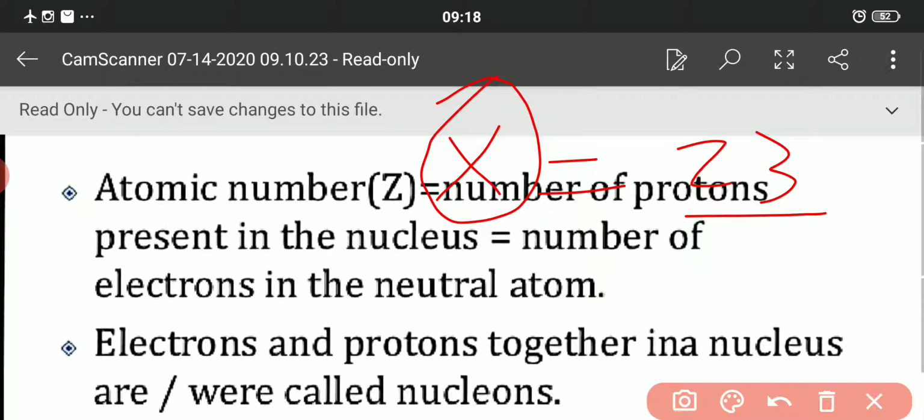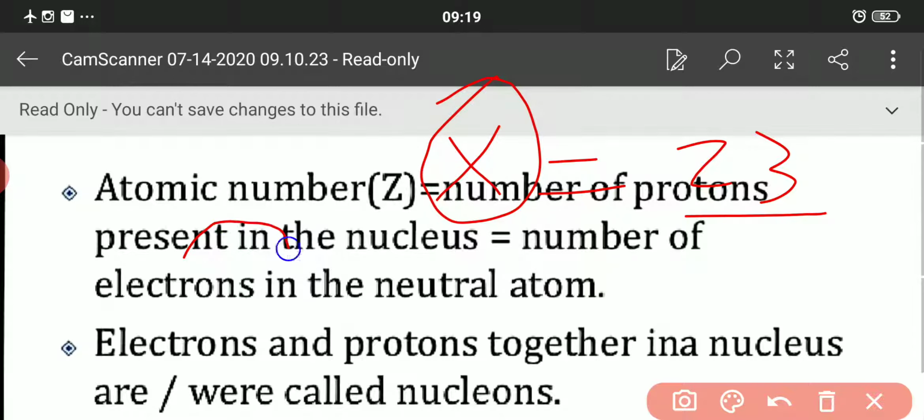So the number of protons and the number of electrons in any atom are the same, okay, and atomic number represents the number of protons and the number of electrons in that atom. Now protons and neutrons together in a nucleus are called nucleons, okay.